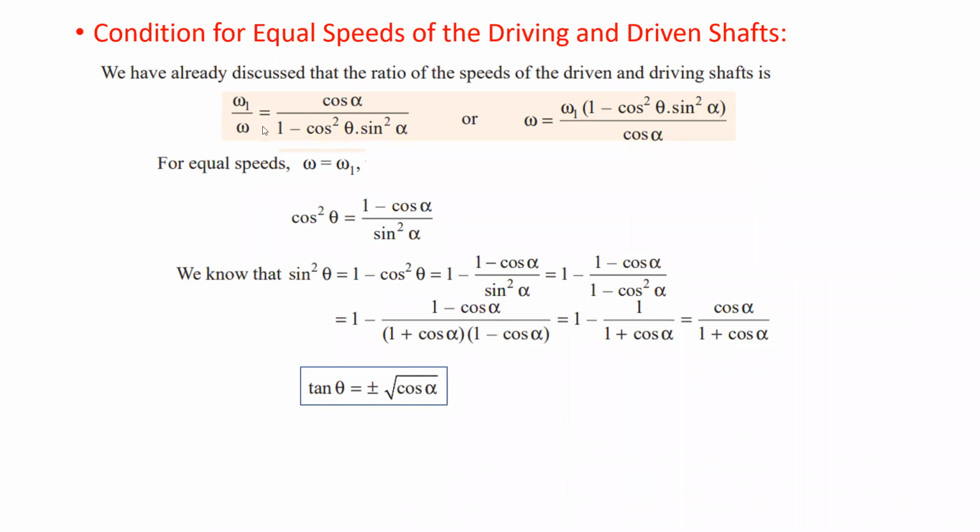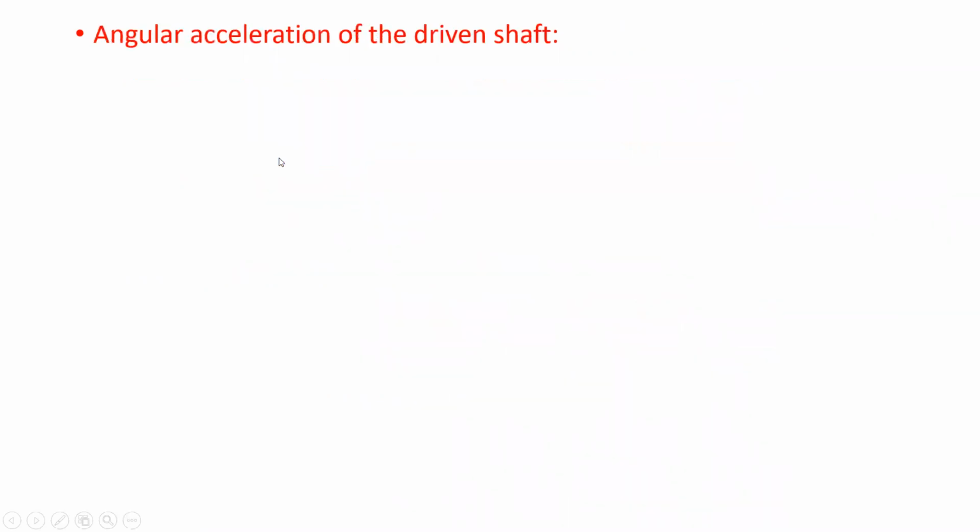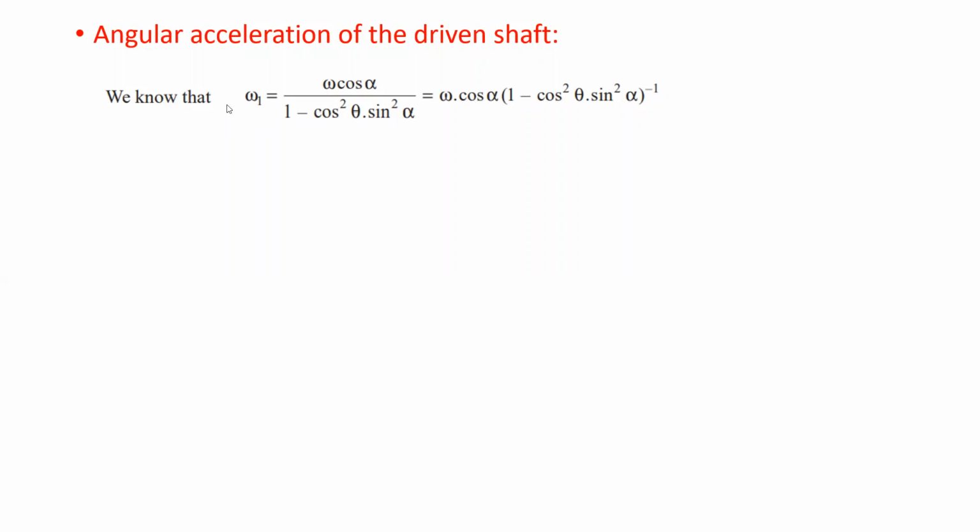So next, as you know, the angular velocity of the driven shaft is changing. The rate of change of angular velocity is nothing but angular acceleration. The angular acceleration of the driving shaft will be zero because its velocity is not changing.